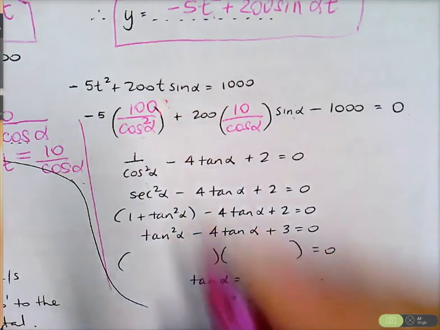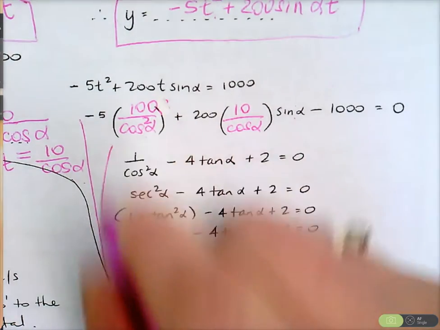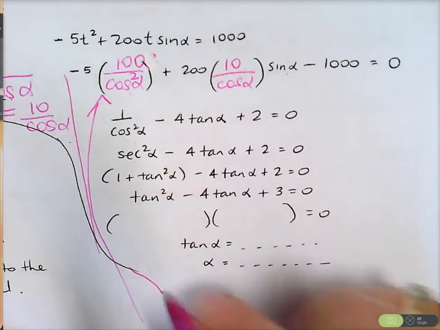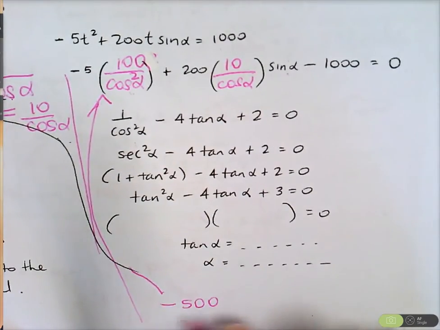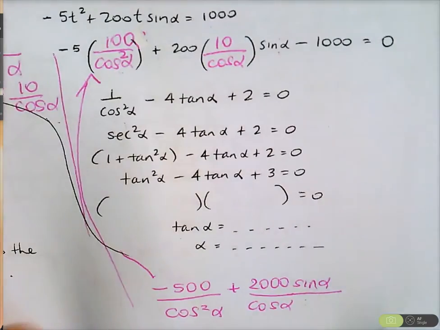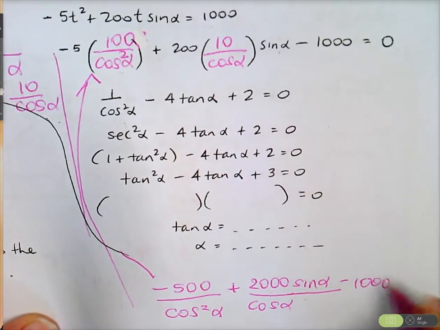First, we're going to insert a line. Girls, the next line, she's missing a line. It will be negative 500 over cos squared alpha plus 2,000 sine alpha over cos alpha minus 1,000 equals 0.